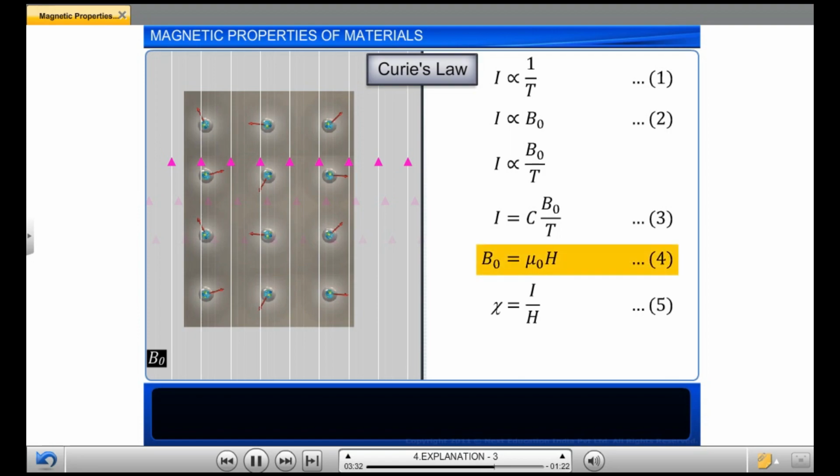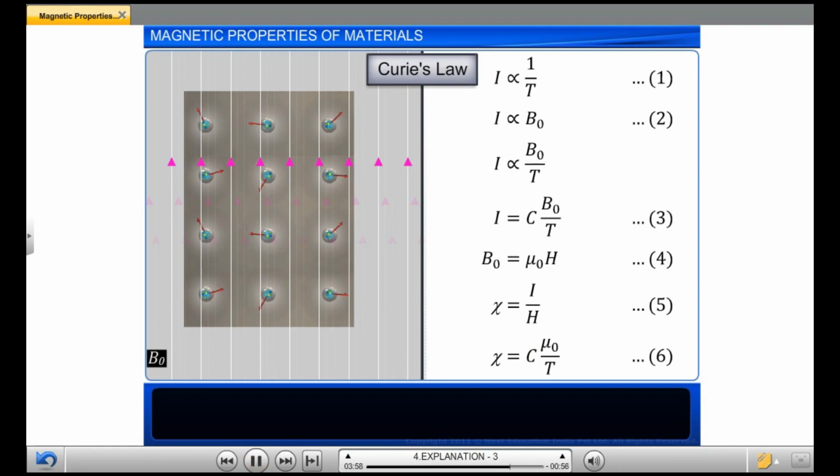Substituting equations 4 and 5 in equation 3, and on simplification, we get chi = C mu0/T. This is known as Curie's law, where C is called Curie's constant. Let this be equation 6.